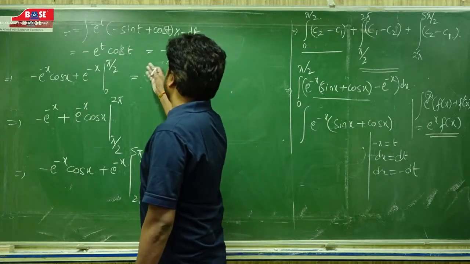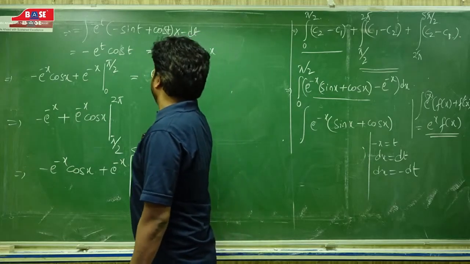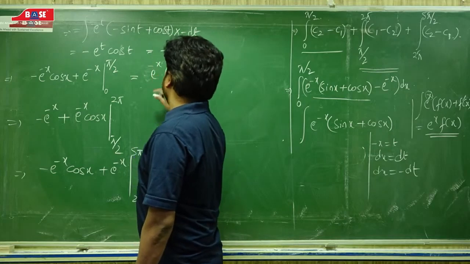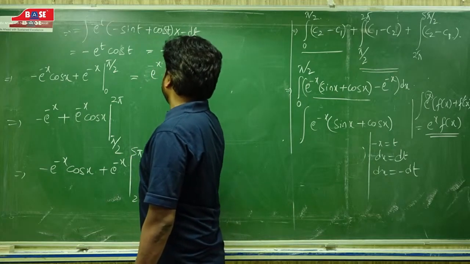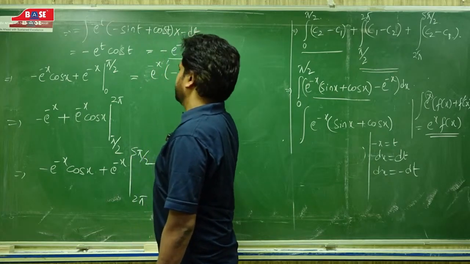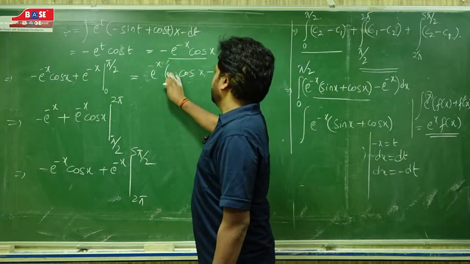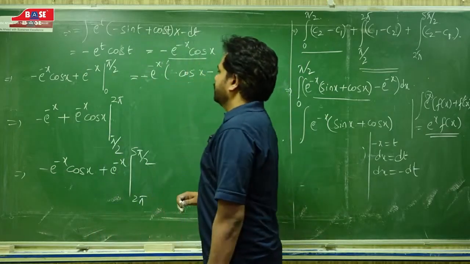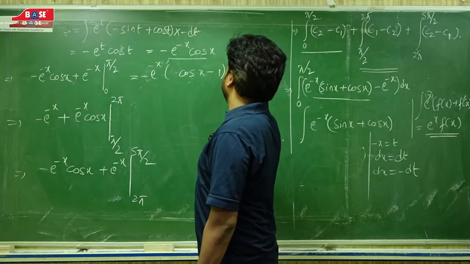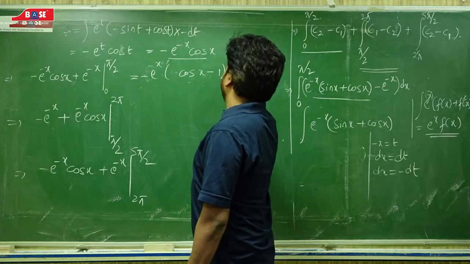We can take out e power minus x directly common, so I'll get minus cos x, and minus also I'll take out common, so I'll get minus 1, and this is from 0 to pi by 2.